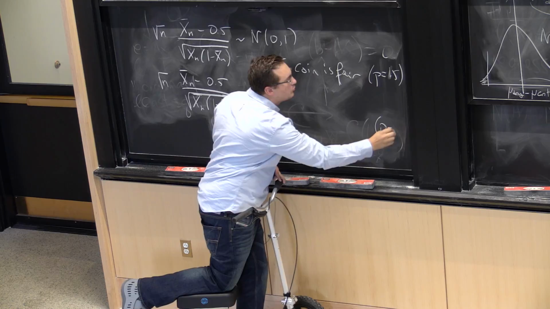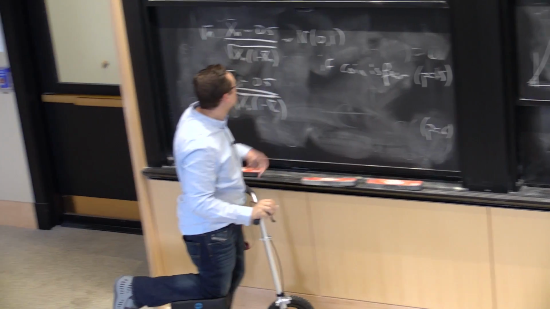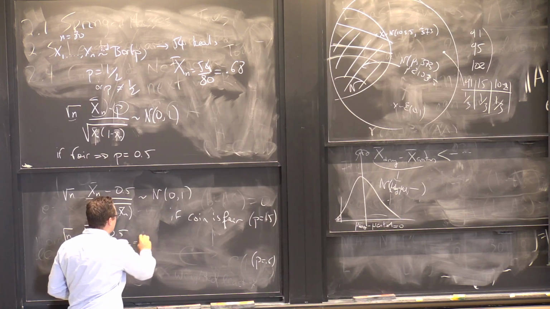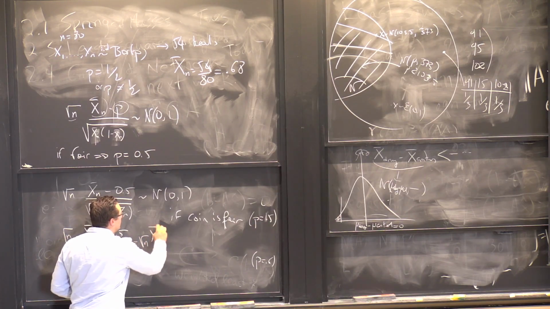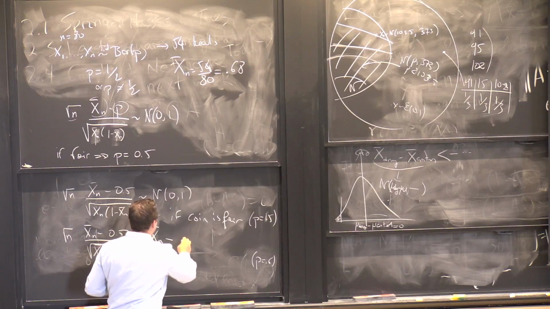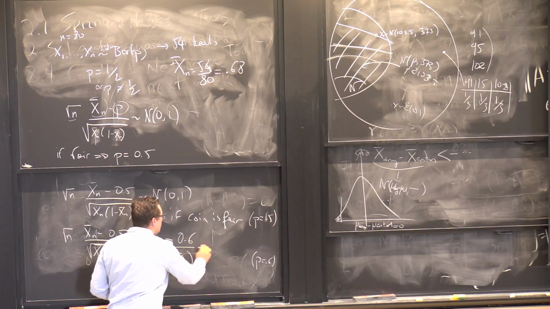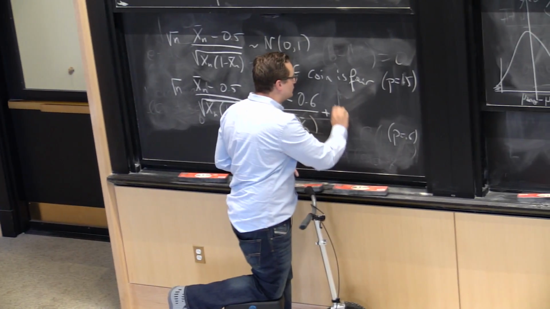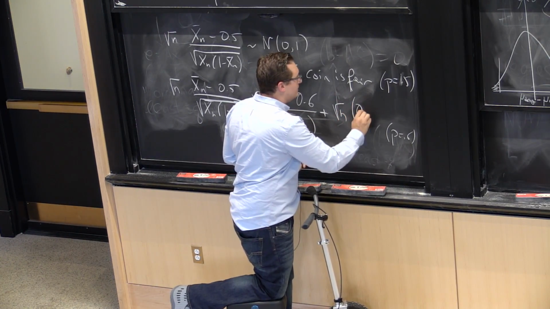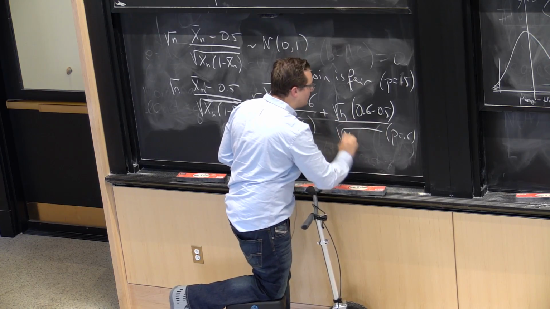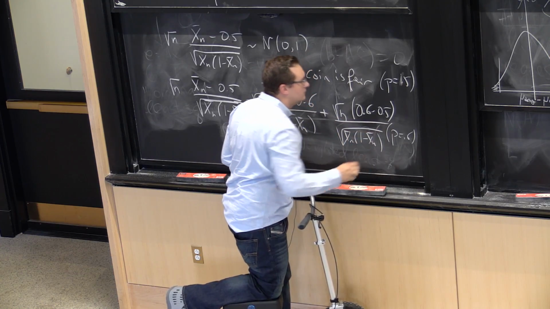Now if p is equal to 0.6, then this thing is just, well, I know that this is equal to square root of n times xn bar minus 0.6 divided by square root of xn bar(1 minus xn bar), plus, well, now the difference, so square root of n times 0.6 minus 0.5 divided by square root of xn bar(1 minus xn bar).